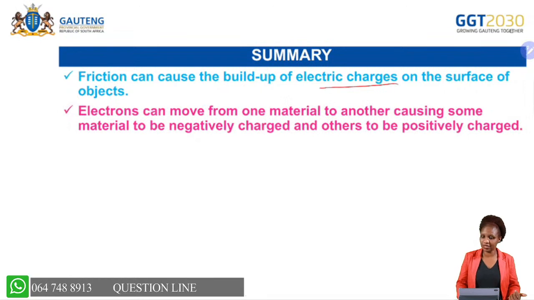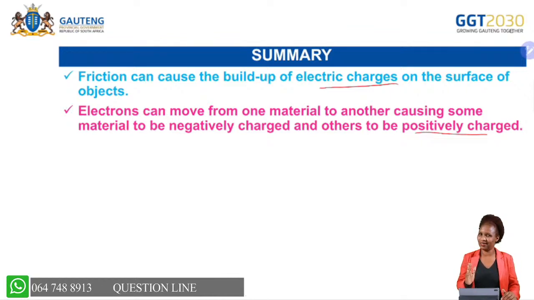And then electrons can move from one material to another, causing some material to be negatively charged and others to be positively charged. Here we're talking about what? Electrons moving from one material to another. All right. And then remember, it is the electrons only that can be transferred from one material to another, not protons, but electrons.